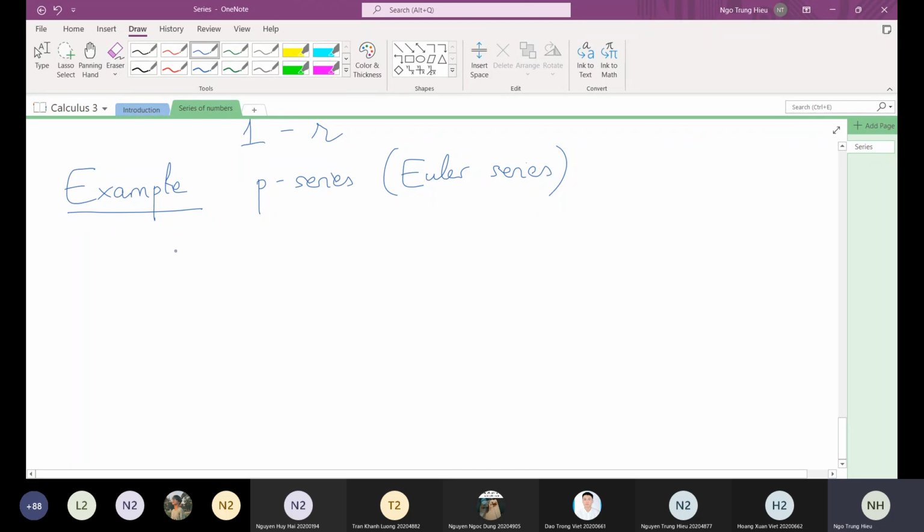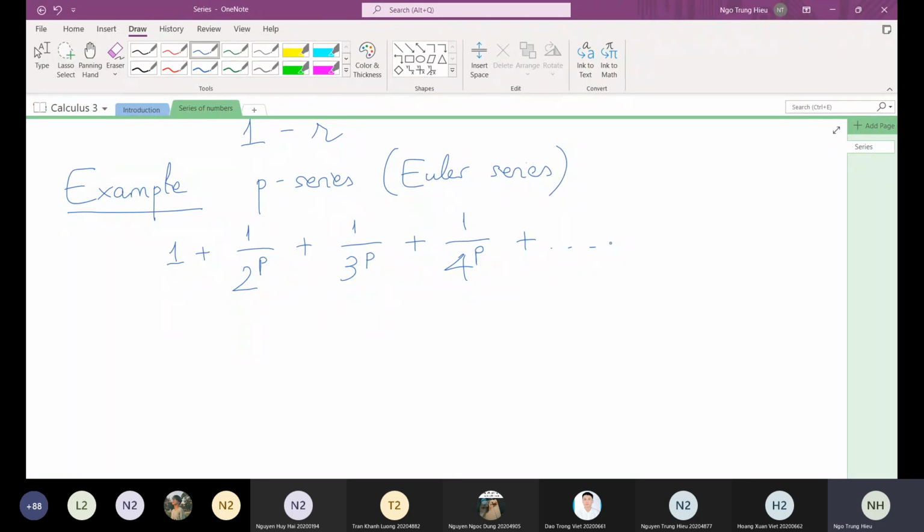So we take this sum, 1 plus 1 over 2 to the p plus 1 over 3 to the p plus 1 over 4 to the p. Right? We ask, does this series converge, and when it converges, what is it equal to? So there are two questions. The first question is easier to answer, and the second question is very, very difficult to answer.